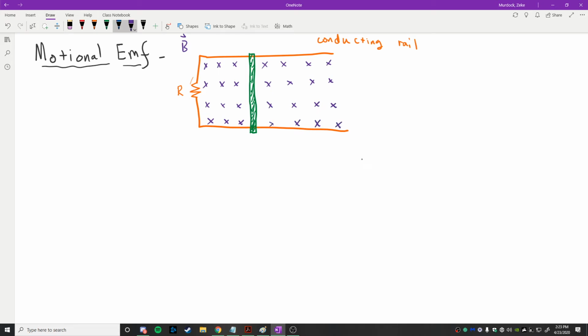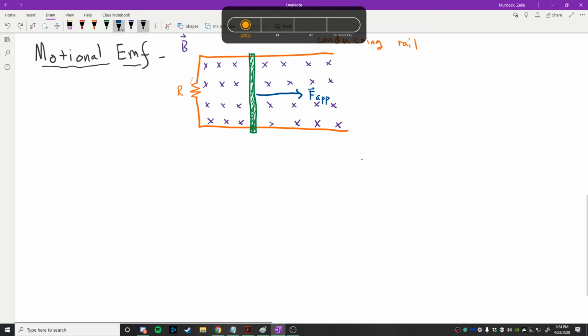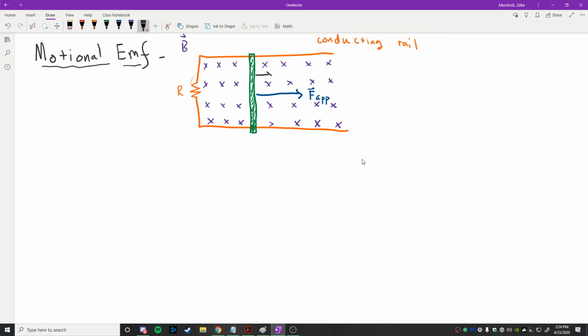And now what we're going to do is pull with a force in this direction. We're going to call it the applied force. And we're going to do it in such a way that we pull the bar with a constant speed. So this bar is going to have a constant velocity that points in this direction, which we're going to call v.